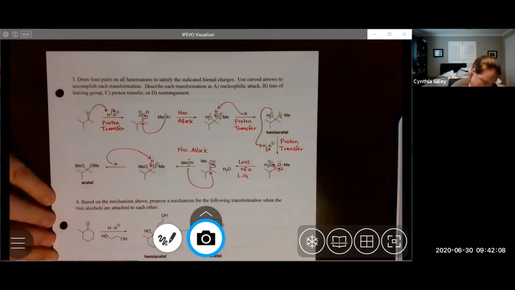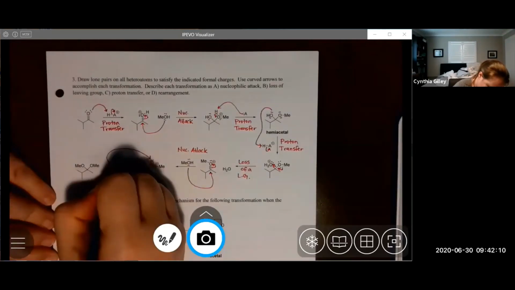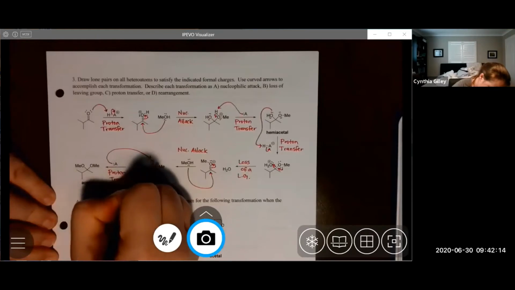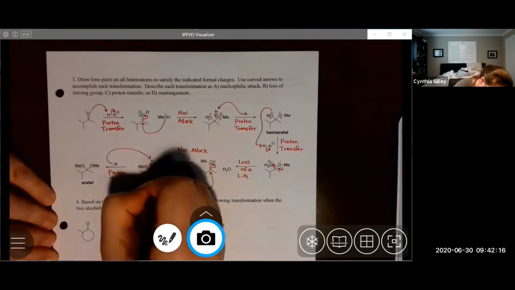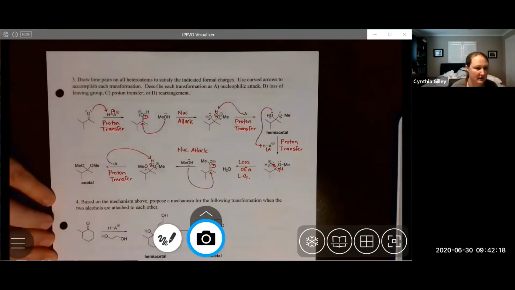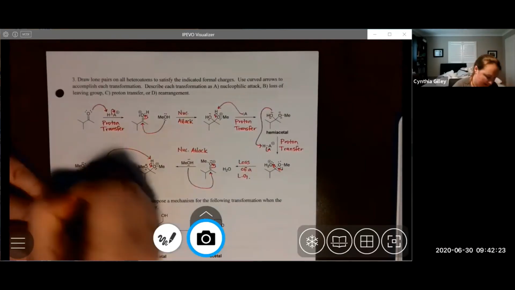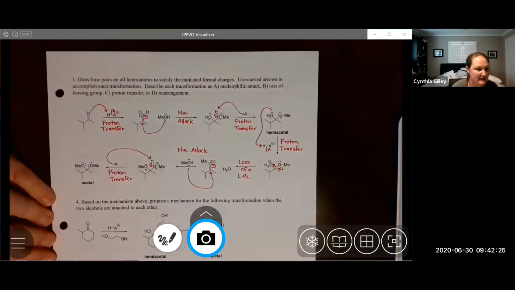And proton transfer. If I forgot any lone pairs, I'll go ahead and add them. Okay, and now we are done. I think we did everything that the instructions asked us to do.